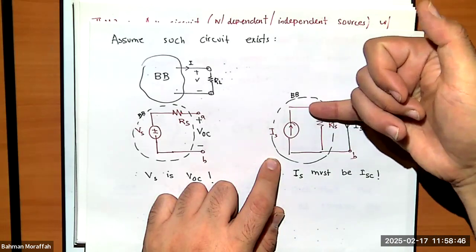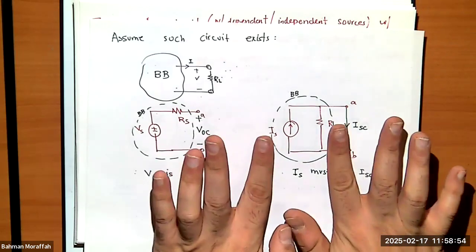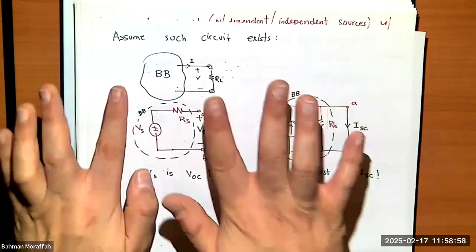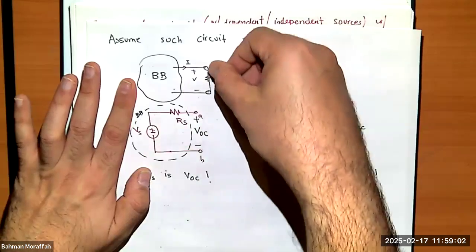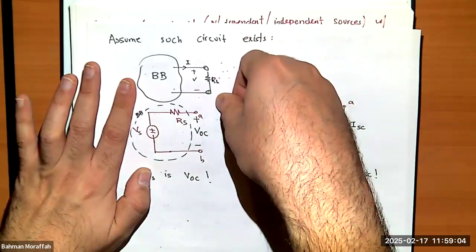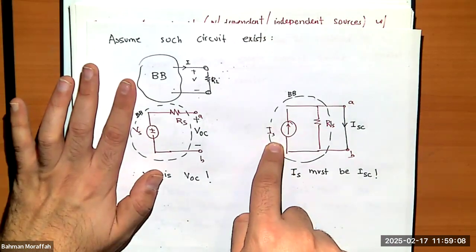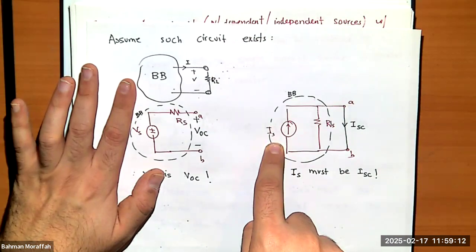So Is is entirely going to go through this short circuit, and that must be basically I short circuit. And since this little circuit over here is a representative of this black box, I short circuit over here must give us this I of source, right?